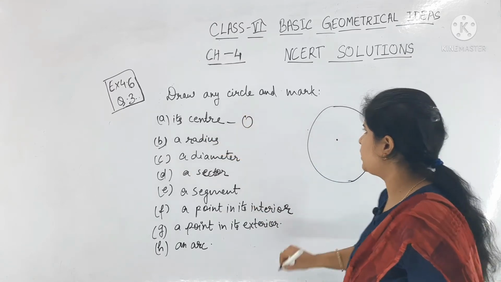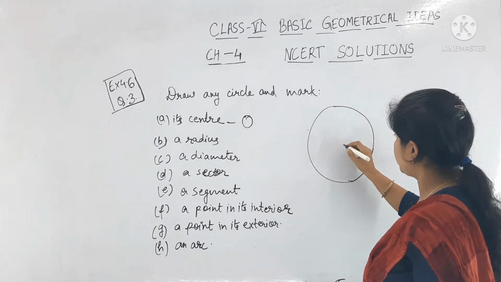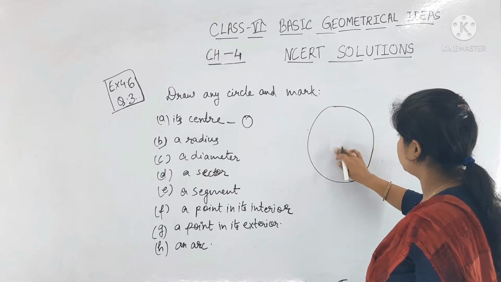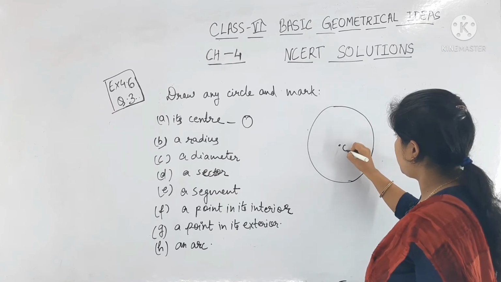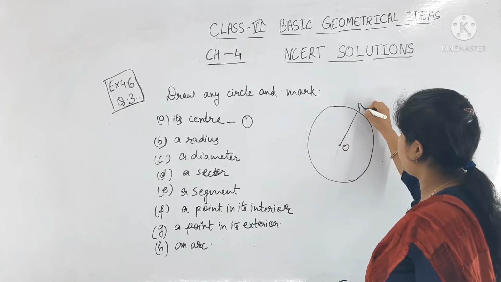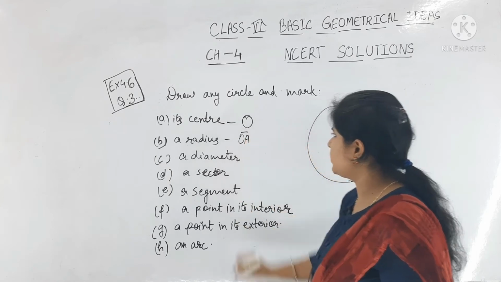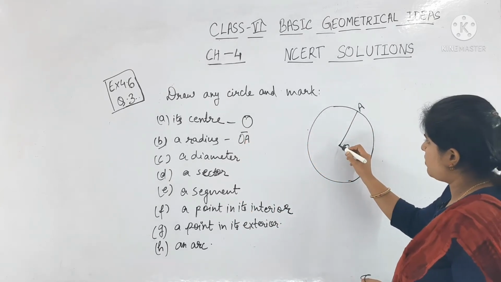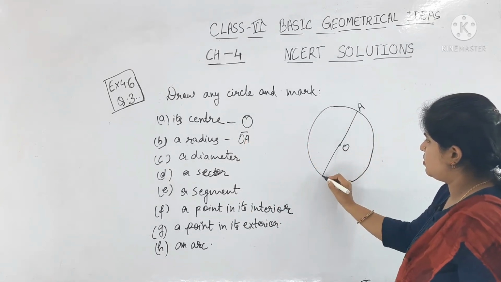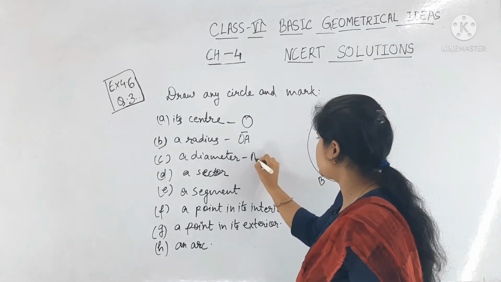Its center I am writing O. A radius, so I can write OA. OA is a radius, one line segment. A diameter, I will extend this line segment up till here B. So AB is a diameter.